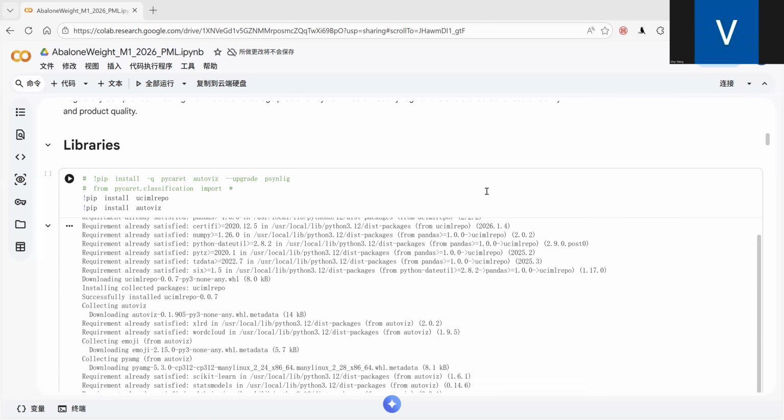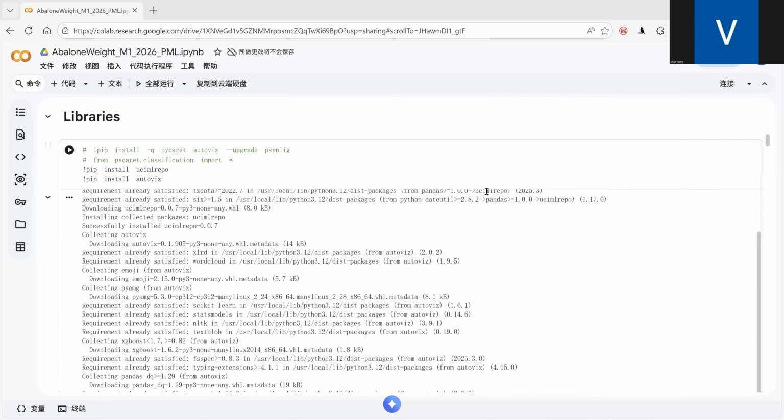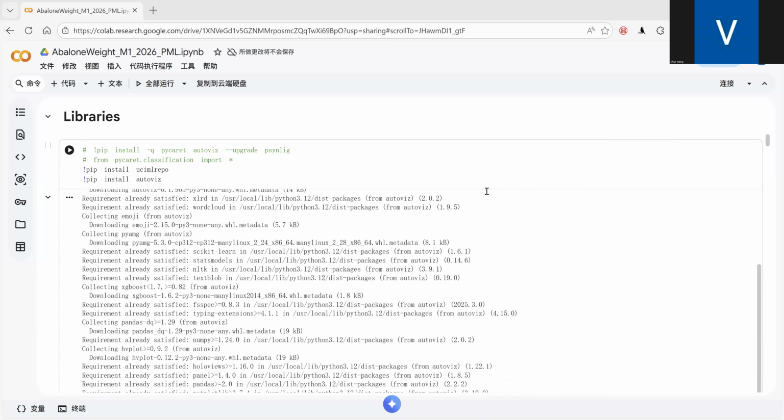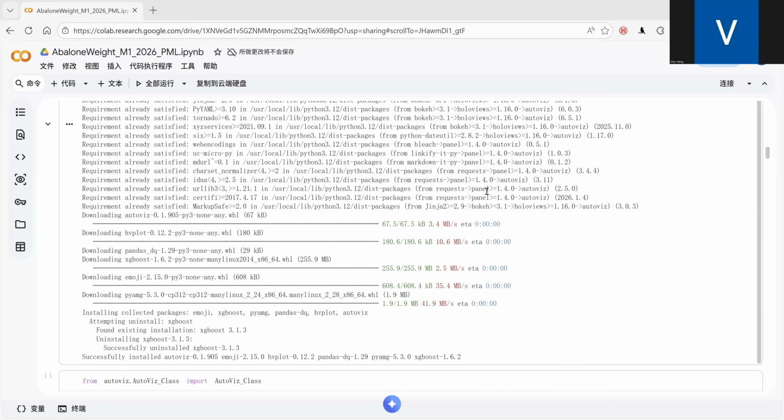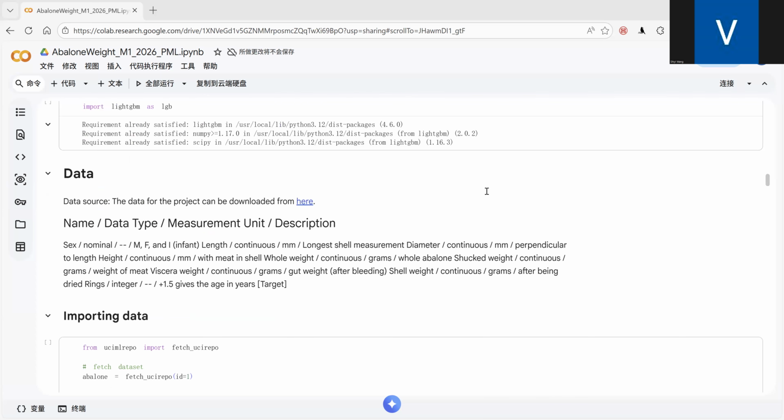Here are the libraries. This is what we should do to make preparation before running the code, using scikit-learn and the UCI ML repo for data. So let's go into the data.